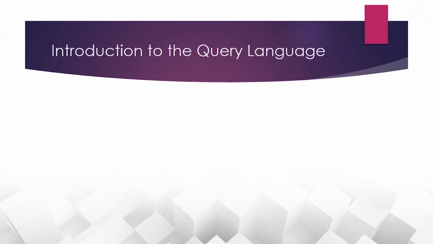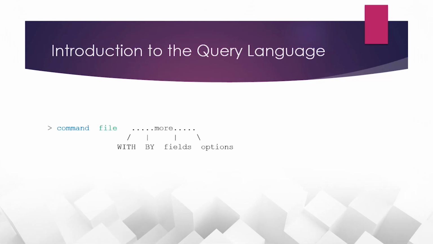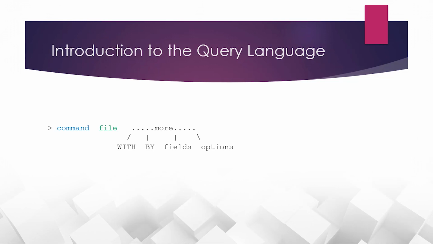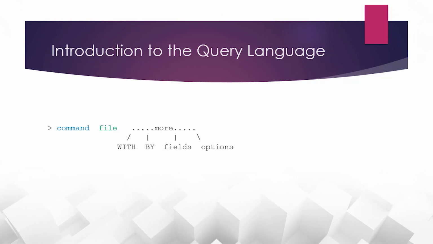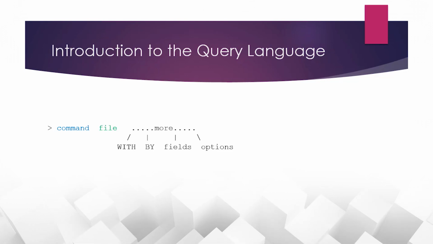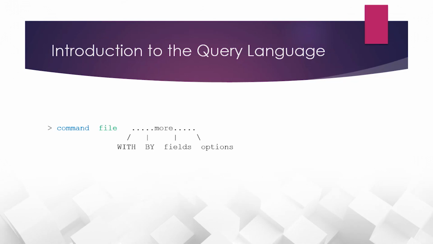So as we look at the query language, each query language command basically follows the same structure. It starts with a command, which we'll look at momentarily, followed by the name of a file that you want to work with, such as your customer file or your order file. Following that file name is a series of additional things, such as a with clause to restrict the records that you want to include, or a by clause, which allows you to sort the data in any way that you want.